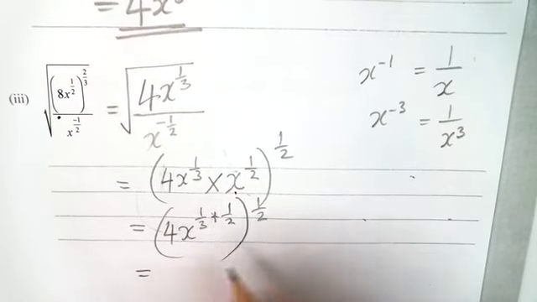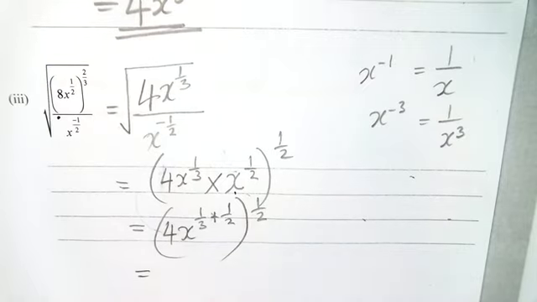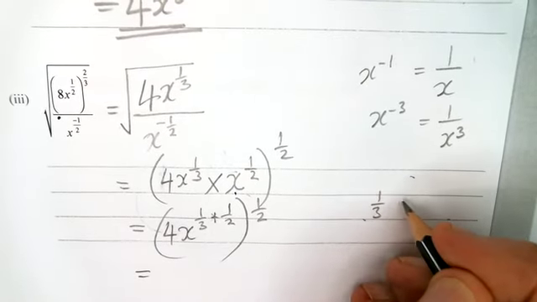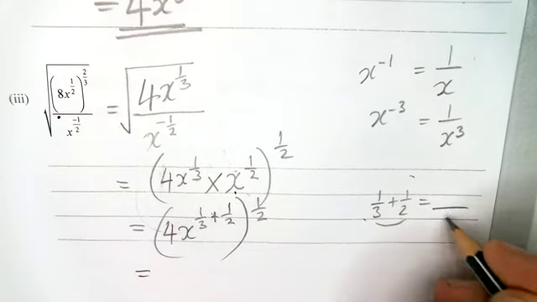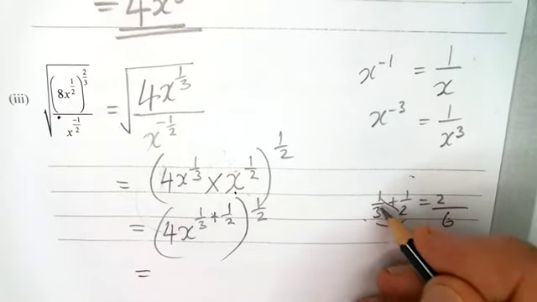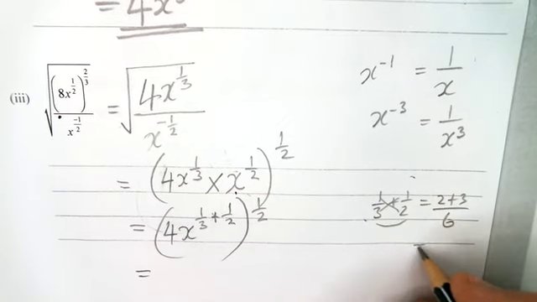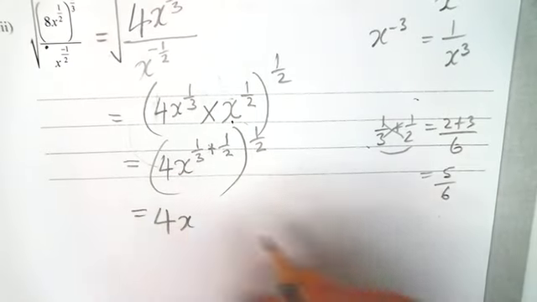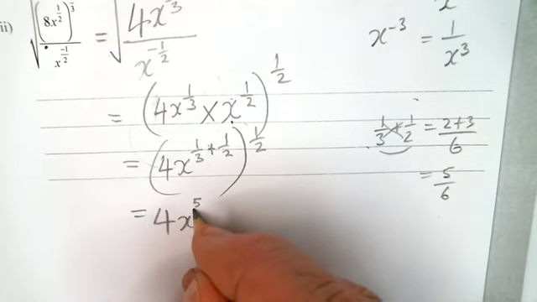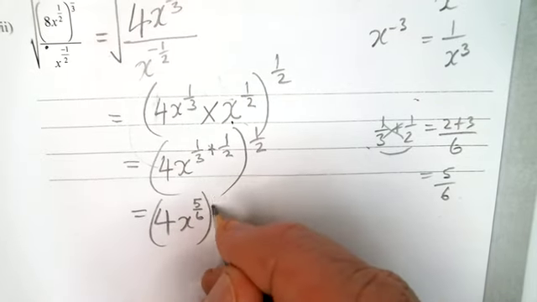Okay, so 1/3 and a half, well, that's going to be 5/6, because 1/3 plus 1/2 is equal to 2 3s are 6, 2 1s are 2, 3 1s are 3, and I end up with 5/6. There we are. So it's going to be 4x to the 5/6, all to the power of a half.